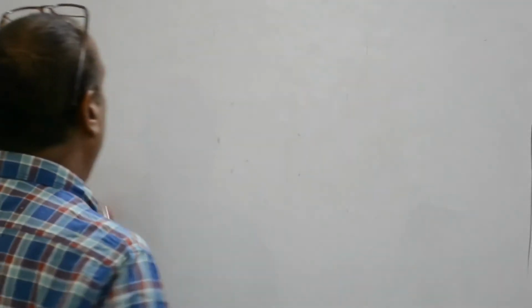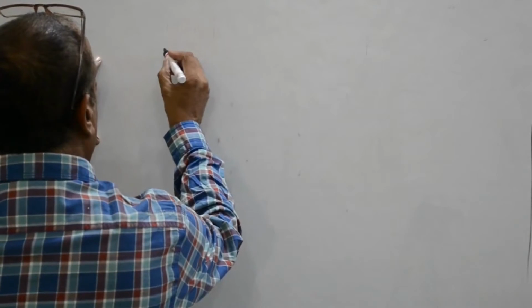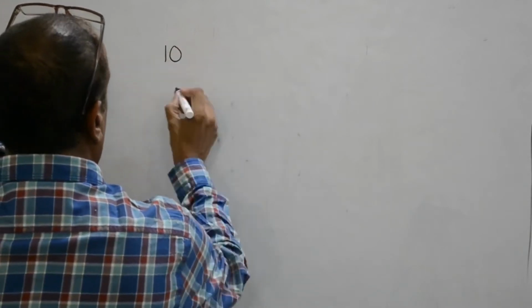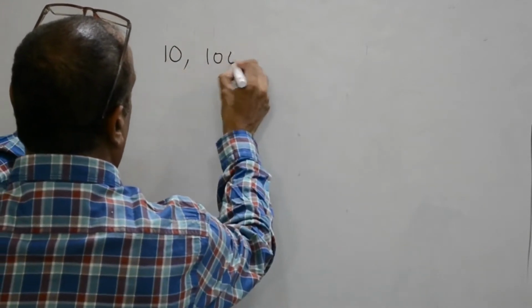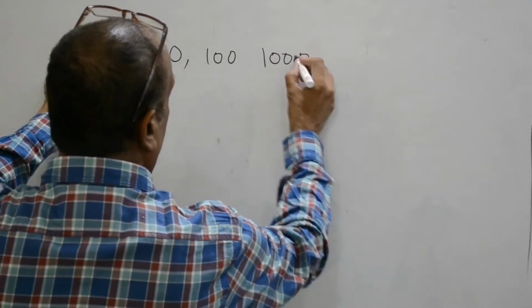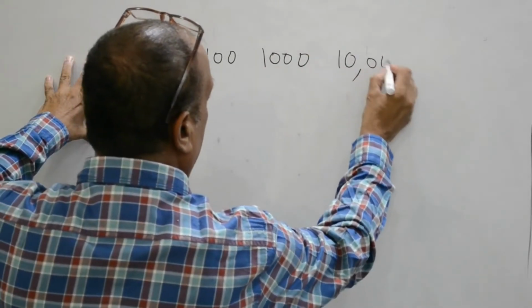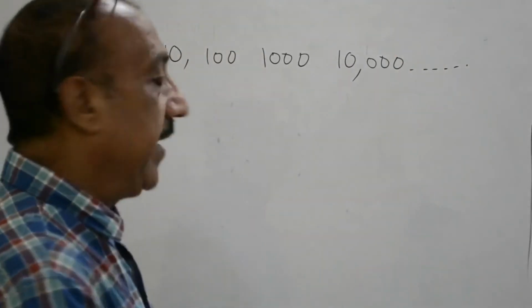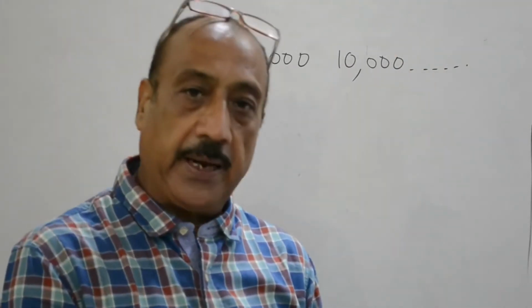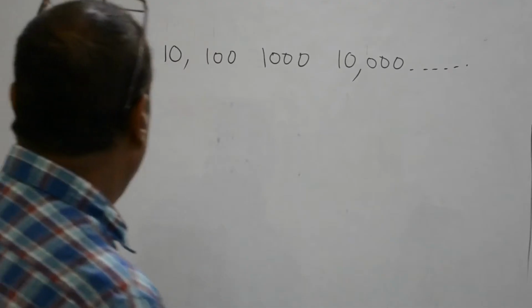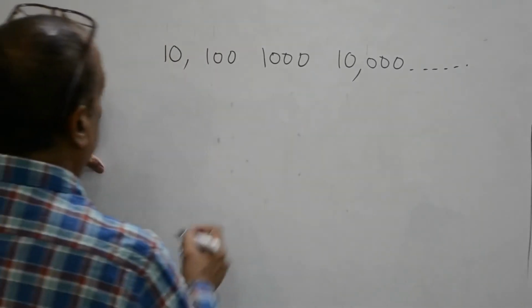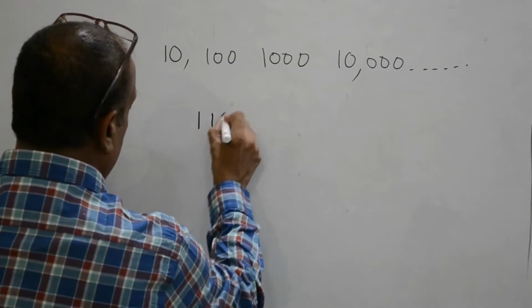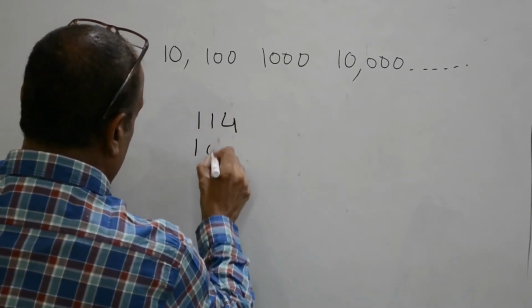Vedic mathematics says that if the numbers are near the base 10, 100, 1000, 10,000 and so on, then it is very easy to multiply those numbers. Suppose we want to multiply 114 and 106.